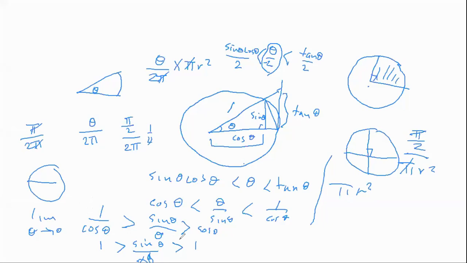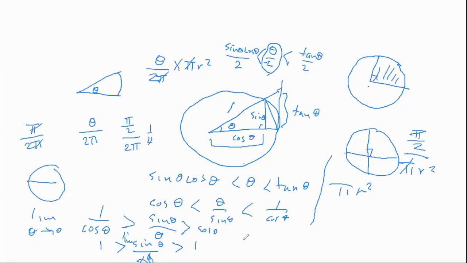So now we took the limit of this and it gave us 1, right? We took the limit of this, and it gave us 1. That means the limit of sine theta over theta as theta goes to 0 is equal to 1. It is a sandwich, right? I'm going to write it over here clearly.